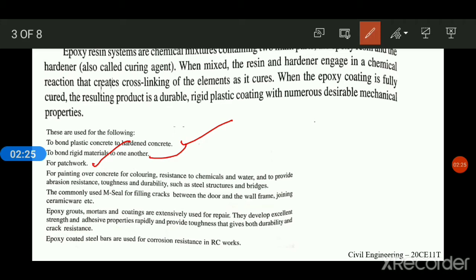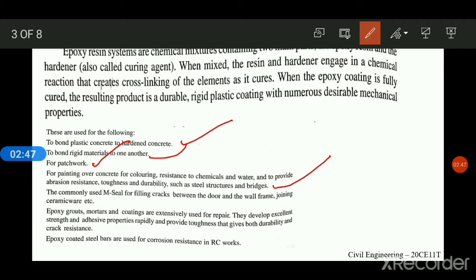Also used for painting over concrete, for coloring, resistance to chemicals and water. It also provides abrasion resistance, gives toughness, and provides durability such as for steel structures and bridges.